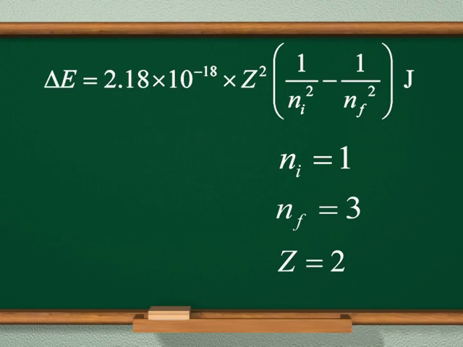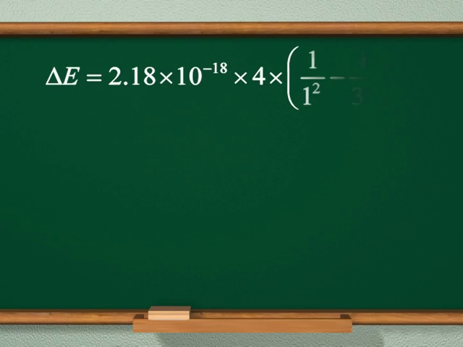Therefore, excitation energy of helium atom is delta E equal to 2.18 into 10 to the power minus 18 into 4 into 1 by 1 square minus 1 by 3 square joule.